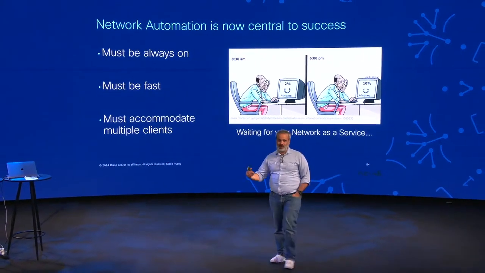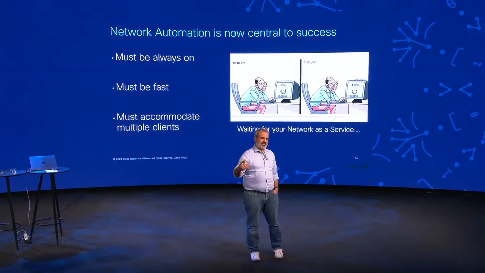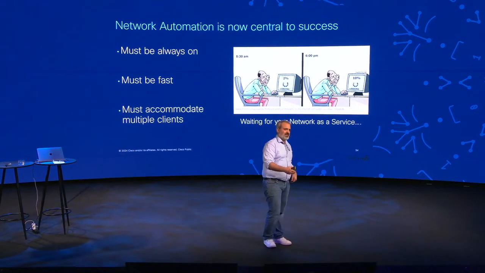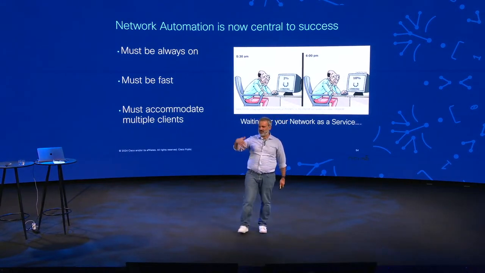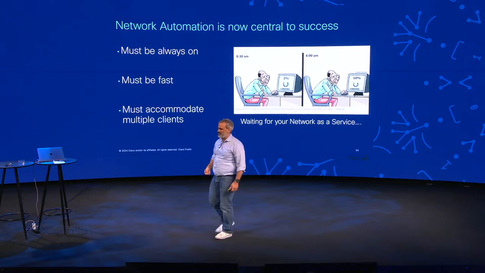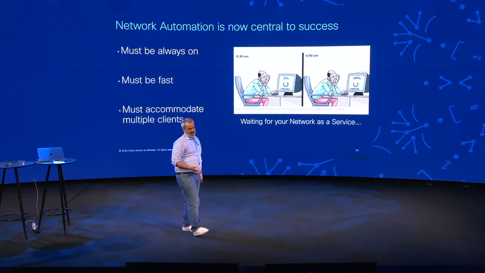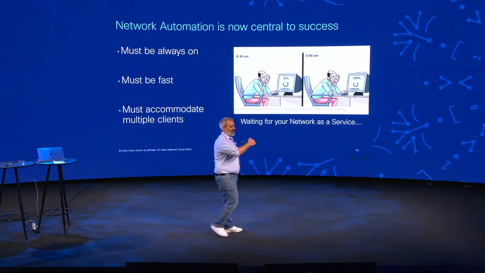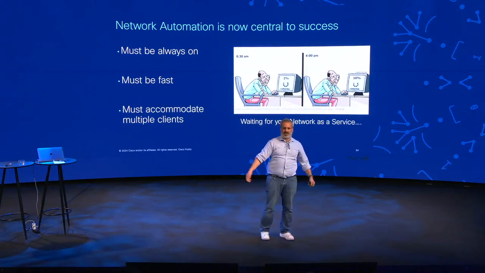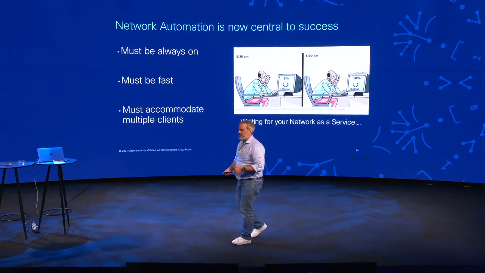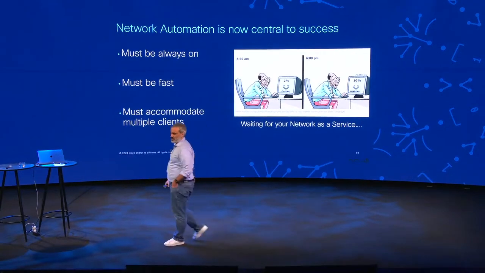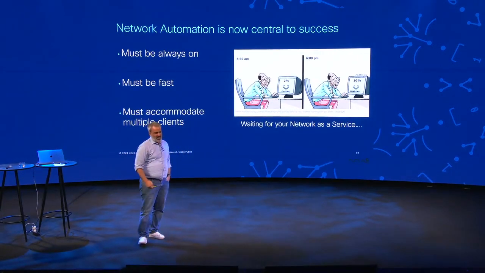That means that it has to be always on because now you have customers running network as a service. So you got an API and the customer is expecting that the changes are implemented fast, correct? And you may have many different clients. Some of them may connect via API, some of them may be operations, some of them may be just using the UI of your tools.